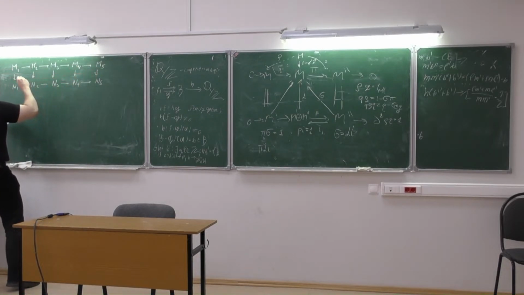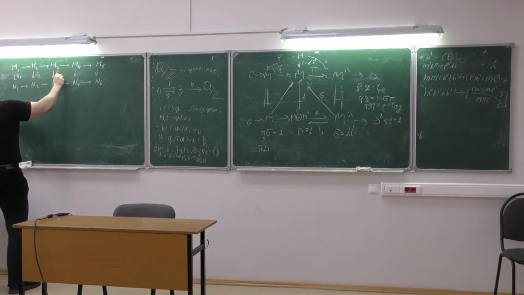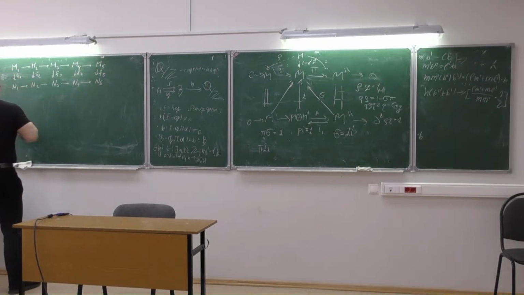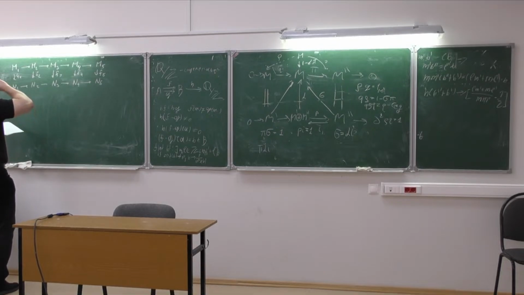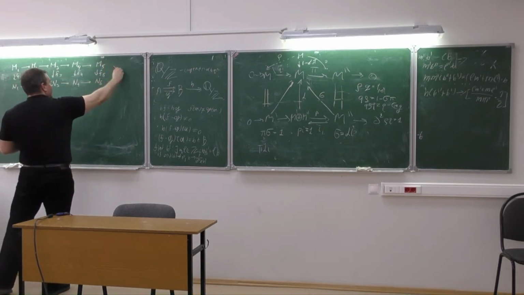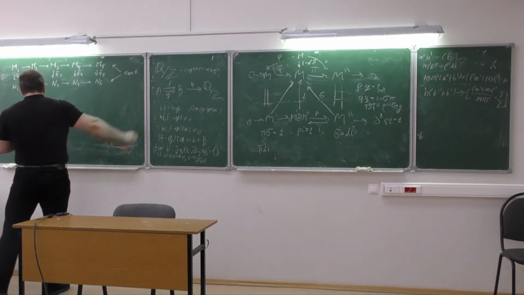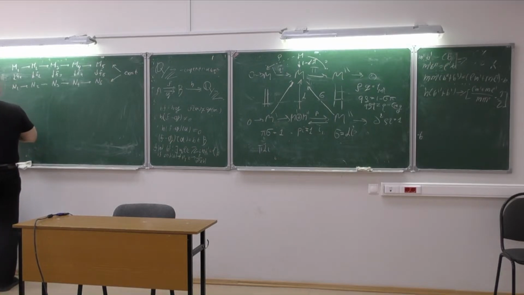Let's call these maps F1 up to F5. So the rows are exact. All the squares are commutative.